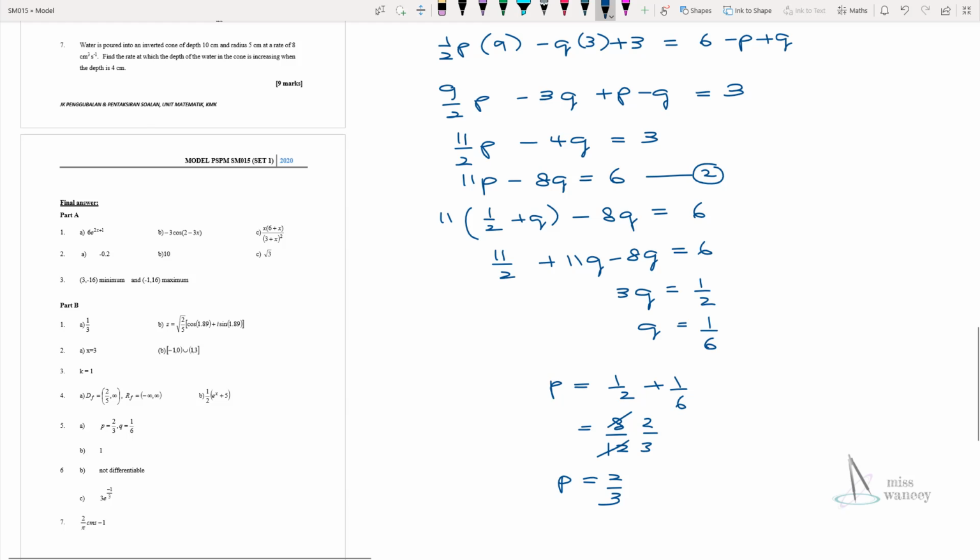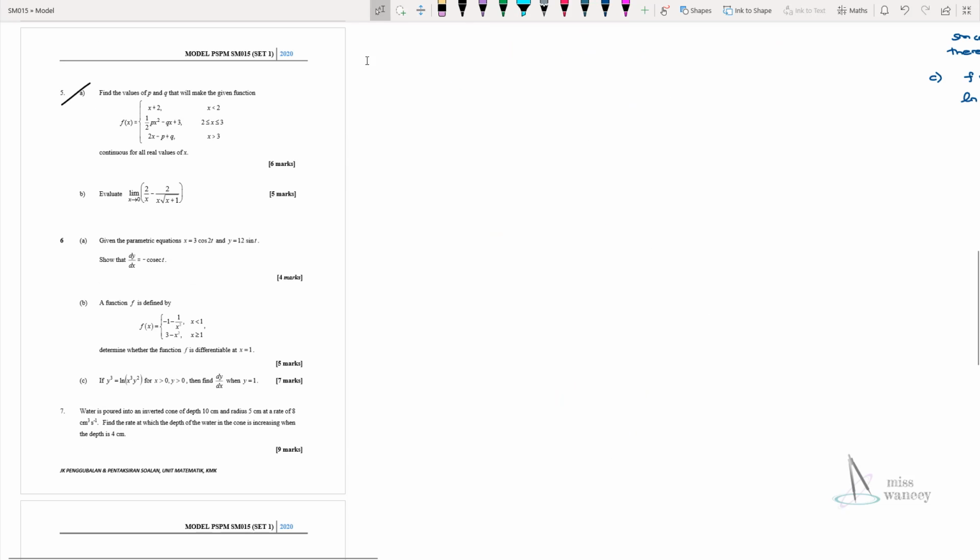Okay, so done. Okay, so let us answer question number 5b. So this is the limit as x approaches 0 for 2 over x minus 2 over x square root of x plus 1. Okay, so let me change this into a single fraction first.